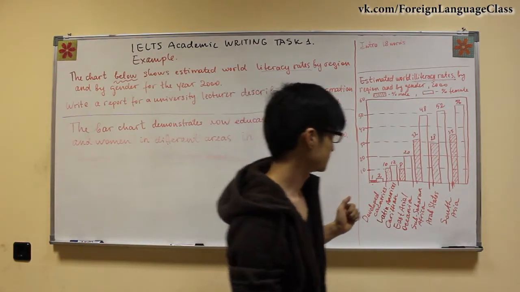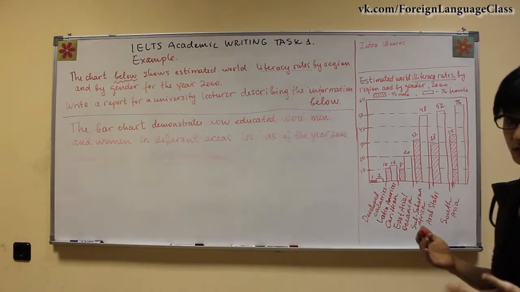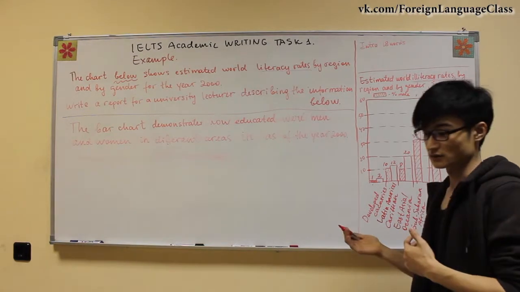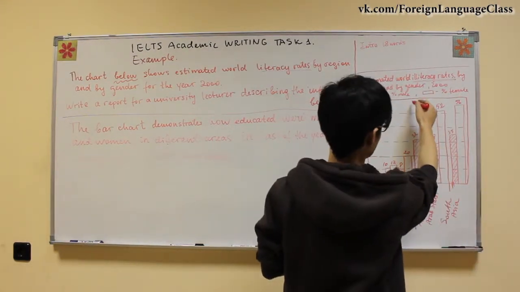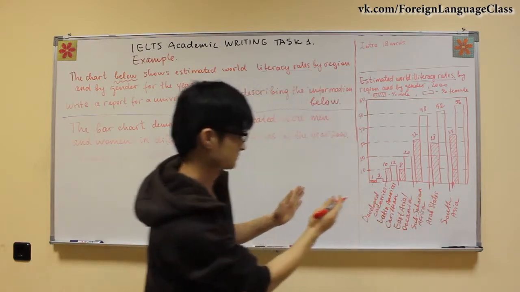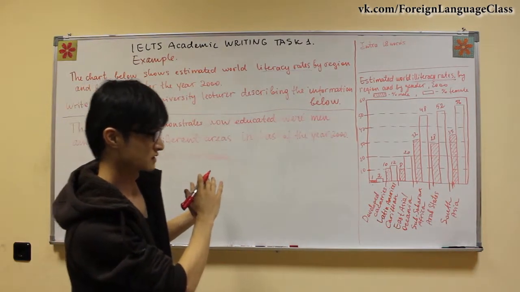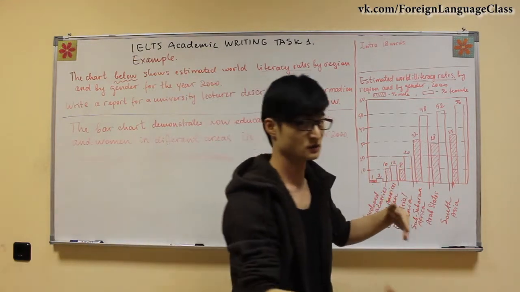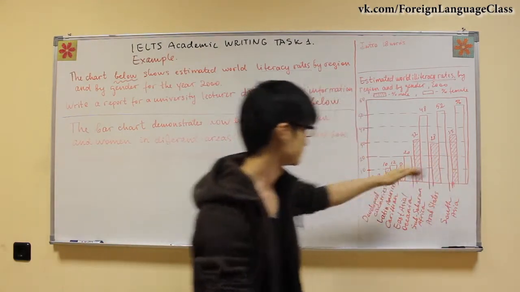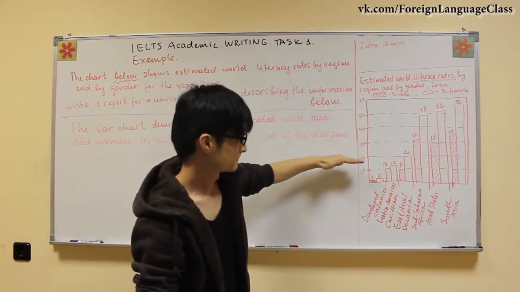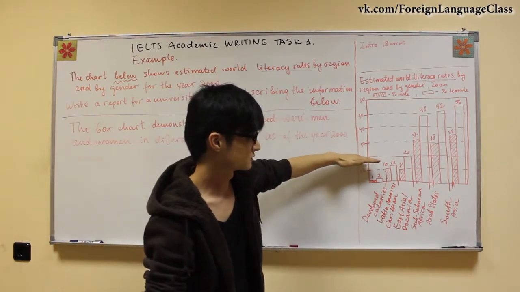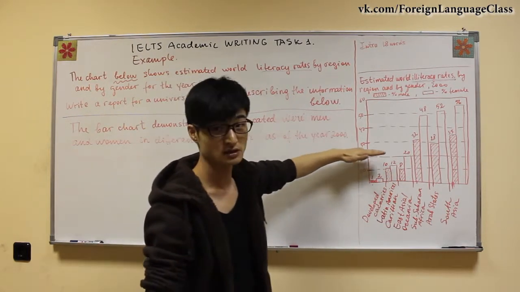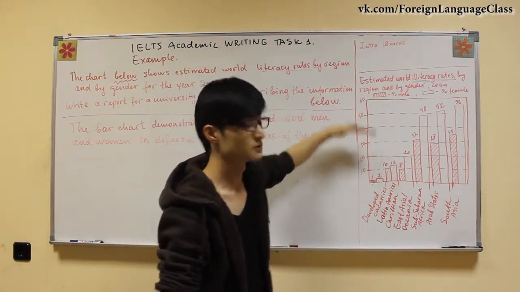Okay, how can we divide our paragraphs? What can we write in our paragraphs? One of the ways we can divide this chart in two and describe illiteracy rates among men and among women in these 3 regions, and the same in these 3 regions. We can choose, let's say, a certain level, let's say 20%, and describe regions with illiteracy rates below 20% and above 20%.